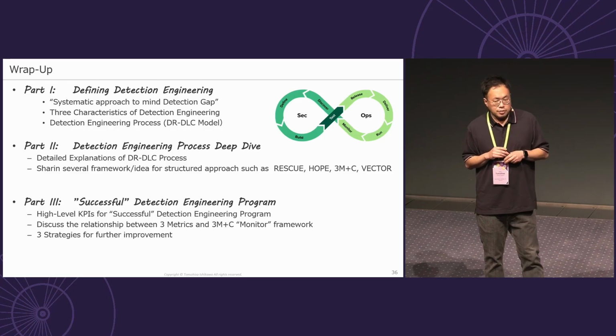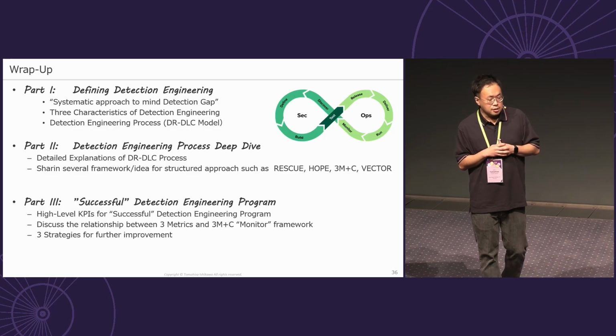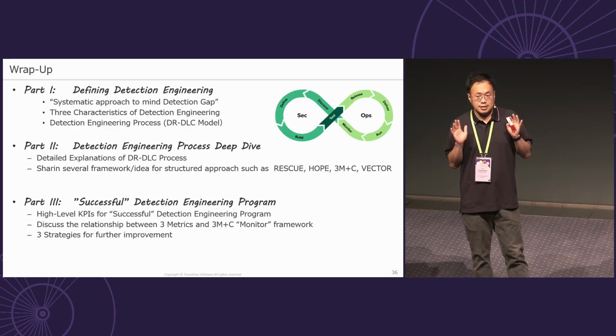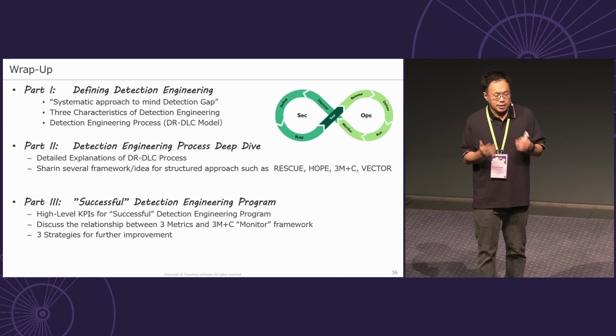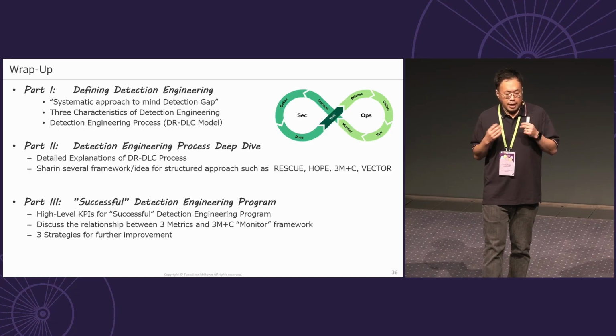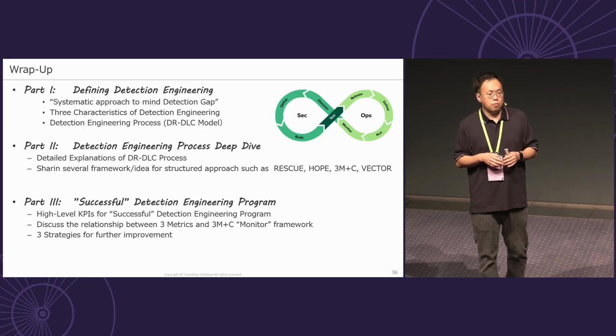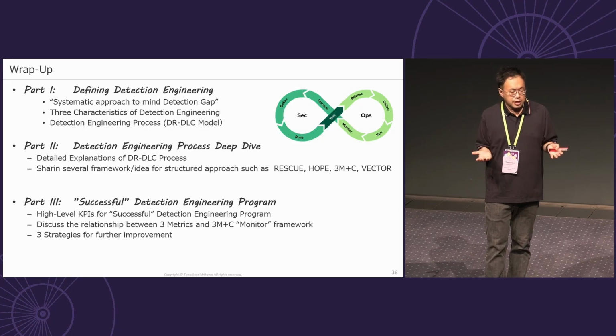Lastly, let me quickly wrap up my presentation. First of all, I talked about what detection engineering is: a systematic approach to mine the detection gap, with three characteristics, such as detection as code and a structured approach with software engineering.